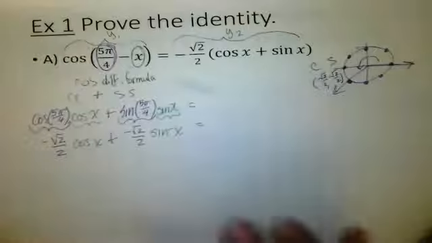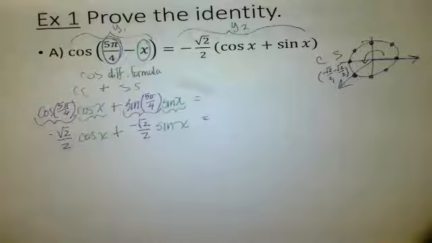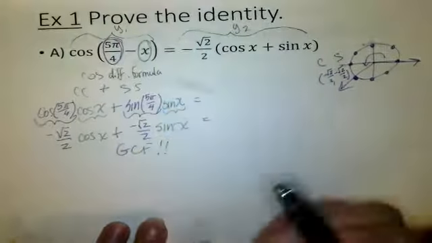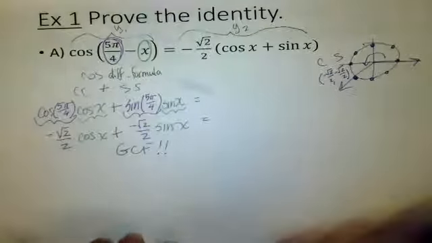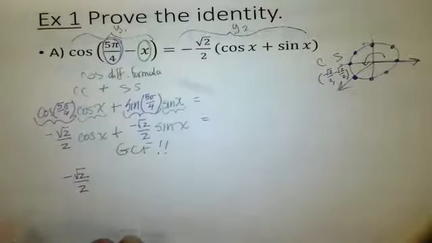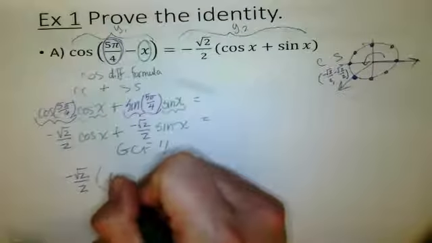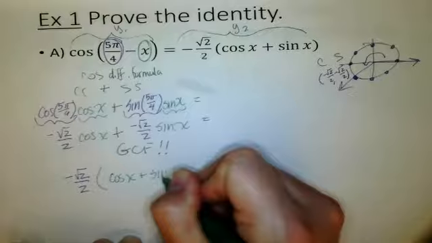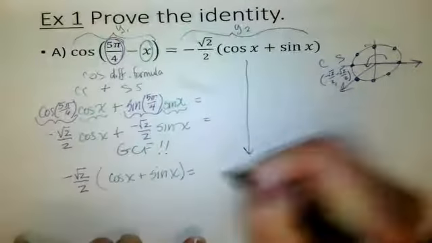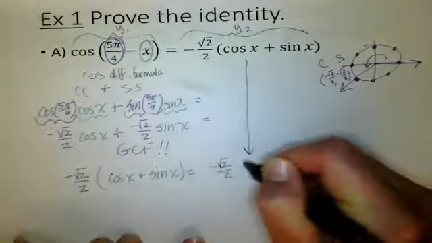So it just stays. Now, what do you notice? Greatest common factor, GCF. Thank you for paying attention to greatest common factor. What do they both have in common? Negative radical 2 over 2. And what's left behind? Cosine of x plus sine of x. And that is exactly what we needed to show.